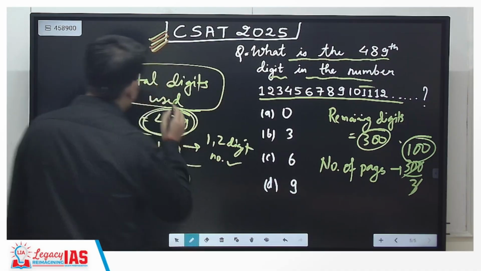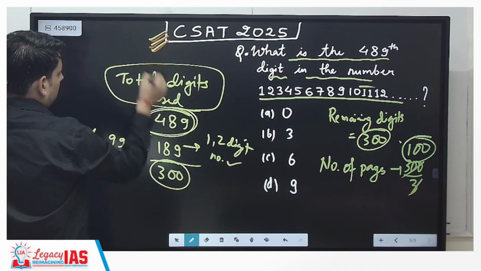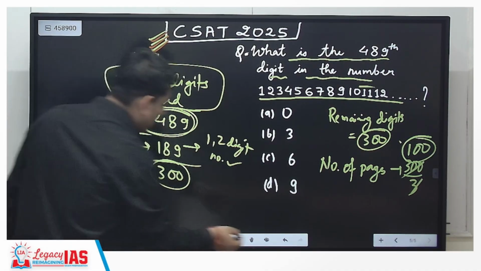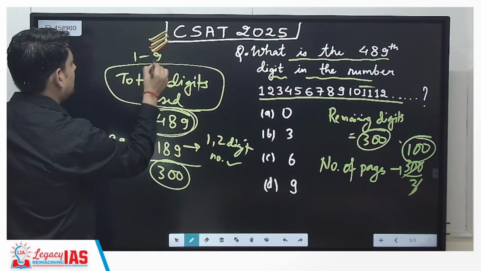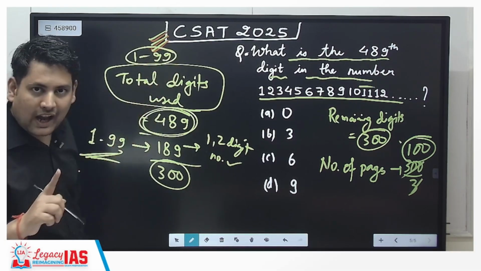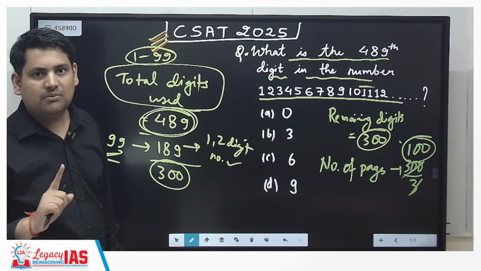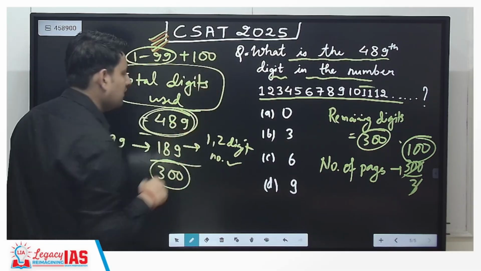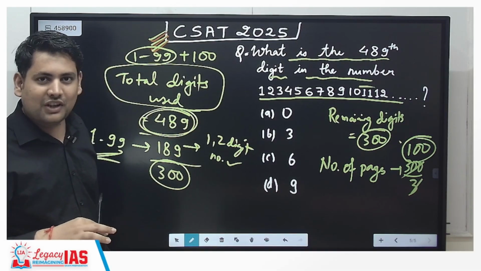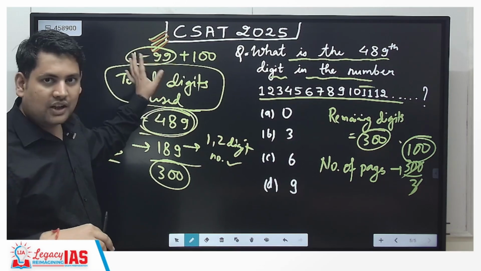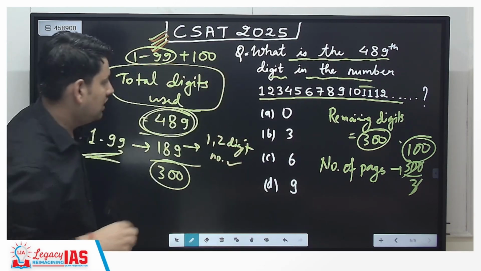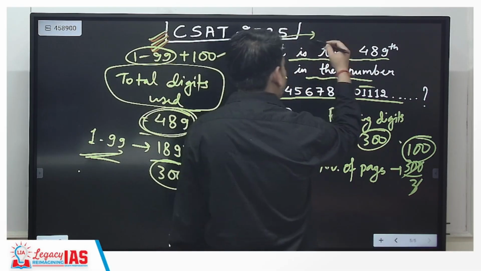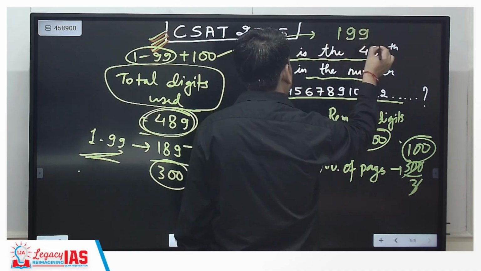So what you get to is this. You counted 1 to 99 before. Now you will add the next 100 numbers. Which number do you reach? 1 to 99 is done, then after 99, 100 more numbers. You would reach 100 plus 99, that is 199.